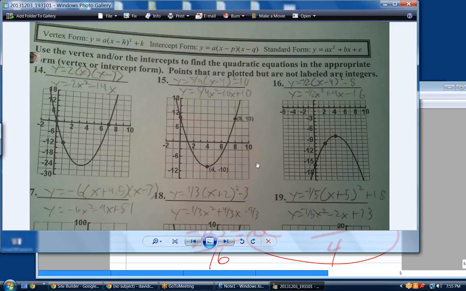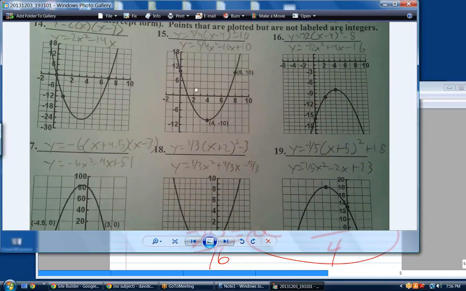Okay. And you'll notice that if you multiply that out from vertex format into standard format, that c is always your y-intercept.